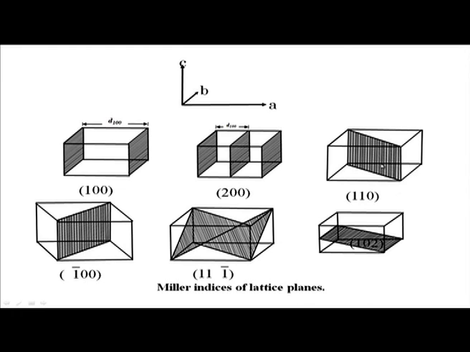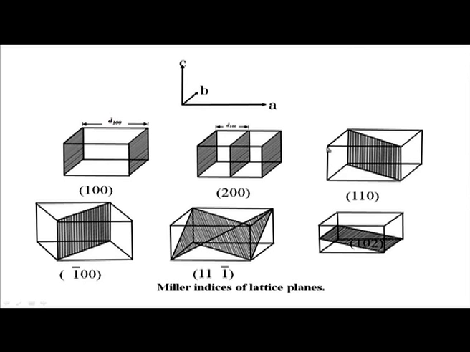So, this plane is the (1 1 0) plane. That also you can easily find out, because this is the a axis. This plane intersects at 1a, and this is the b axis, so this plane intersects at 1b, because this is the unit cell. This distance between these two corner lattice points will be a, this will be b, and this other one is the c axis.